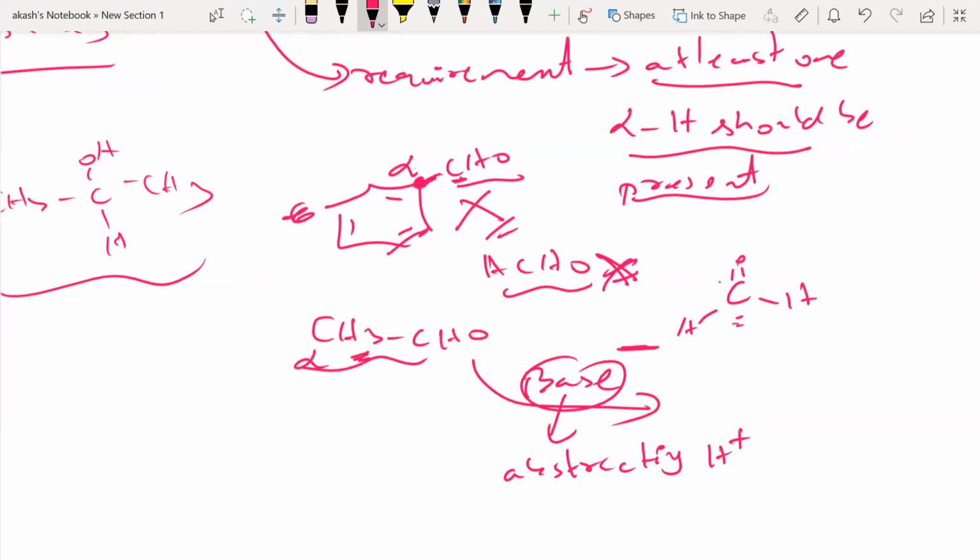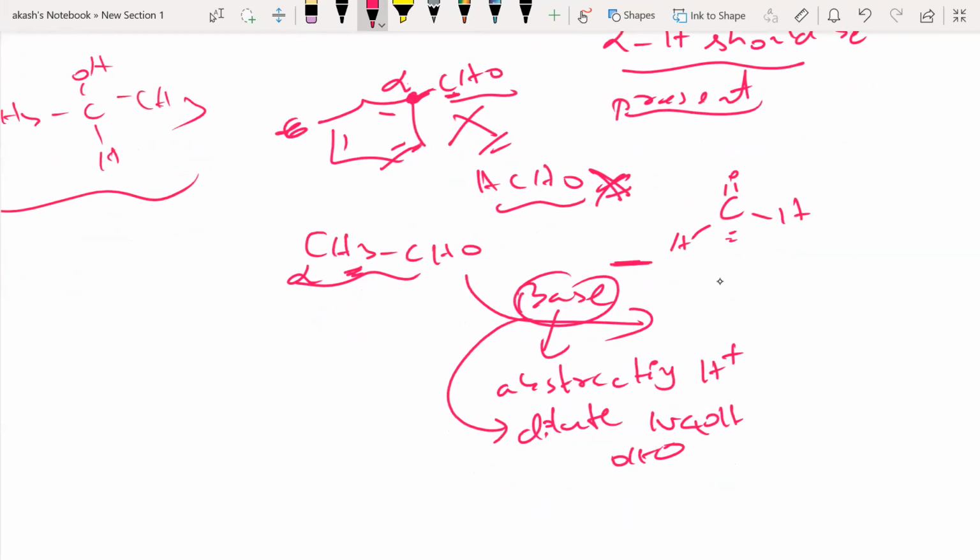That is why we go for, say, dilute NaOH, or we just write OH minus. That is also fine. All that we require is a base. Now if you put a base, we know what is going to happen. Let me write this as CH2.